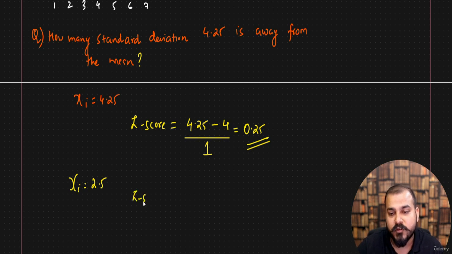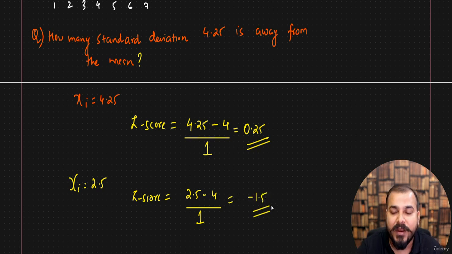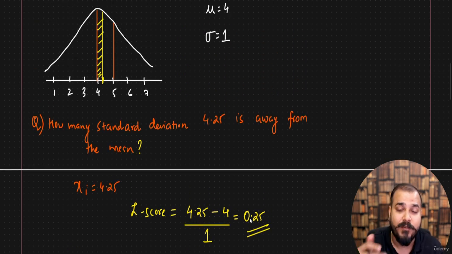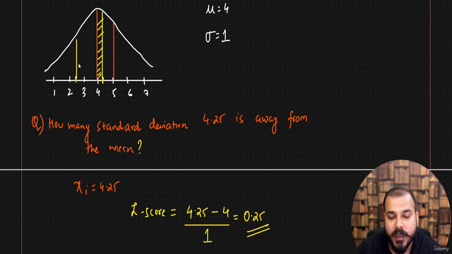What will be my z-score? My z-score will be 2.5 minus 4 divided by 1, which is minus 1.5. When I say minus 1.5 deviation, it is somewhere here, right? And we can conclude that 2.5 is 1.5 standard deviations away from the mean on the left-hand side.